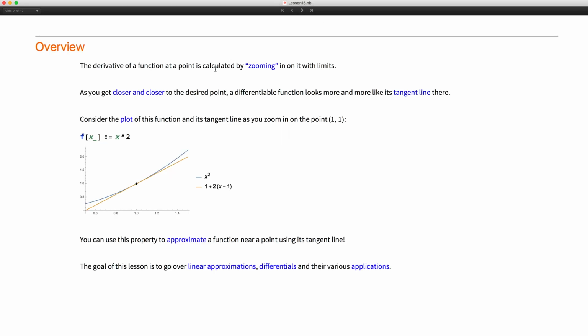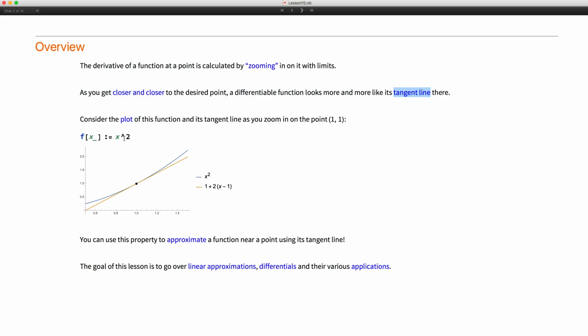So you may recall that the derivative of a function is calculated by zooming in on it with some limits. And typically you take some limit as, let's say, h goes to 0 or some other variable. And the point is that as you get closer and closer to the desired point, then the function begins to look like its tangent line.